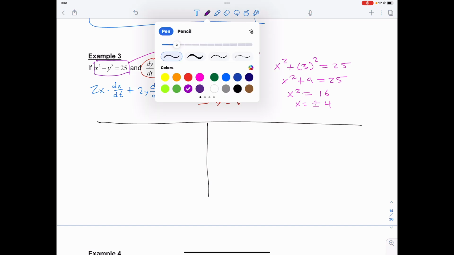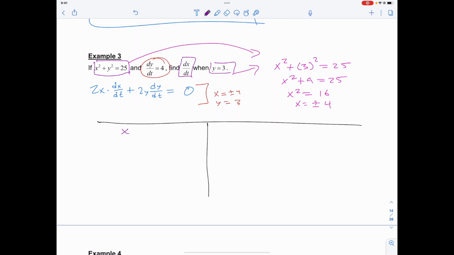Because I have two possible values for x, I can say when x is equal to 4 or when x is equal to negative 4. So in the first case, I'm going to say that 2 times 4 times dx over dt, which is what I'm trying to solve, plus 2 times y is 3, and dy over dt is 4, is equal to 0.